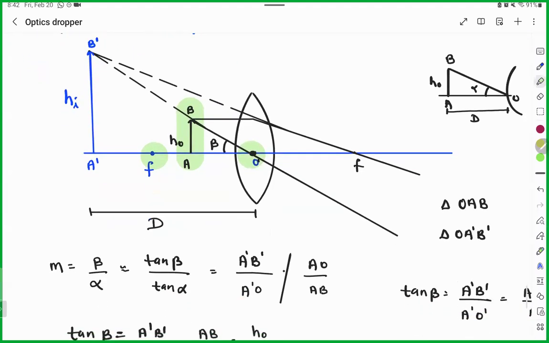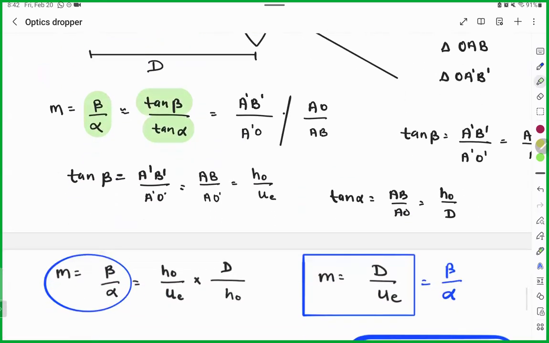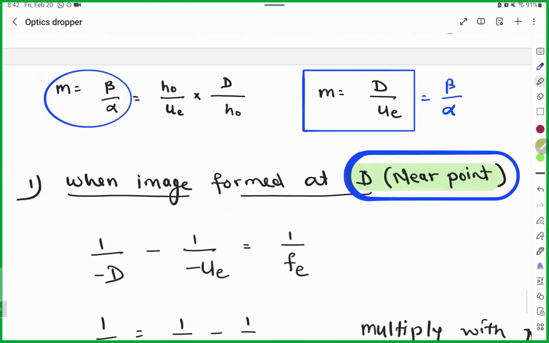If you calculate by the same method, magnification is beta by alpha, and it will be equal to tan beta by tan alpha. So you will use two things, the aided eye and the unaided eye. When you calculate this, ultimately you get D by UE.